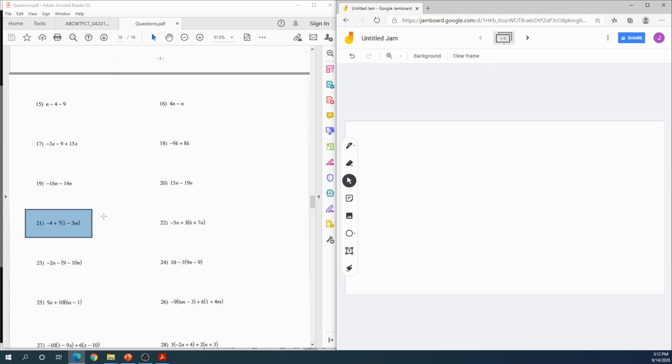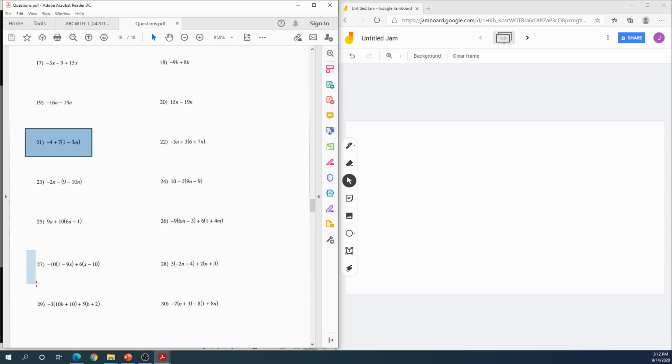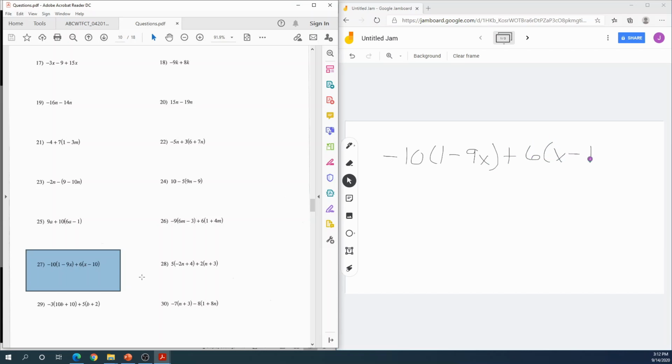All right, let's jump down here and take a look at problem number 27. This one's getting a little more interesting again as well. So number 27 is minus 10 times, in parentheses, 1 minus 9x, plus 6 times x minus 10. So again, we're just going to use our distributive property.